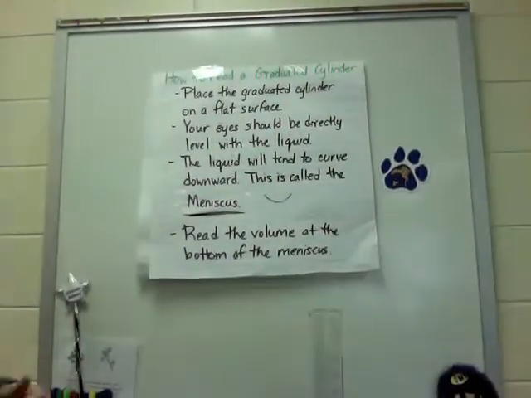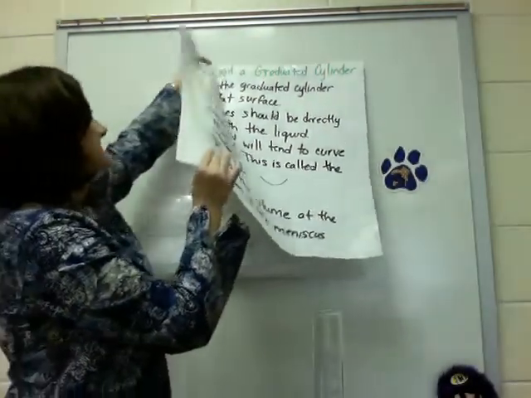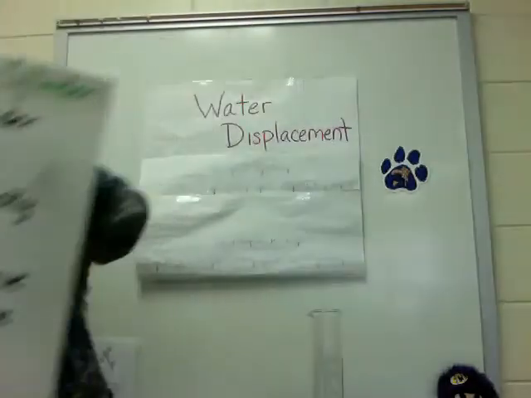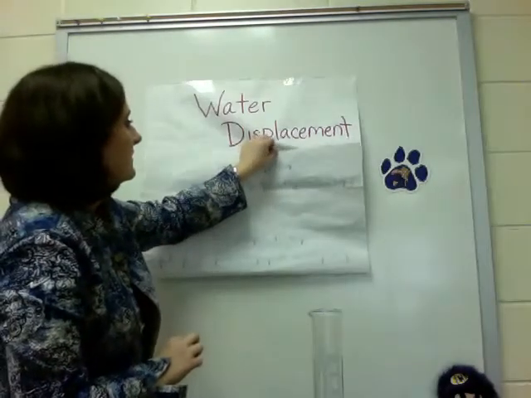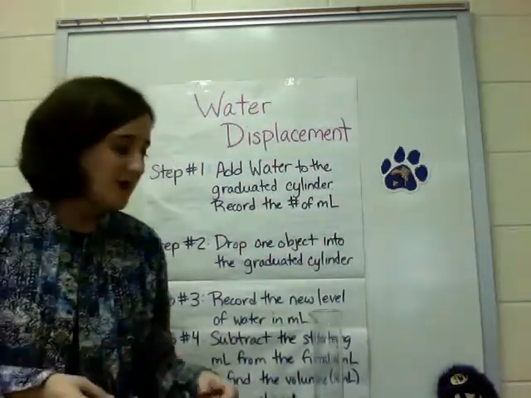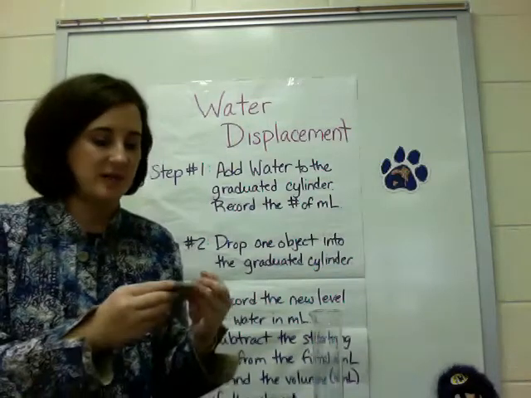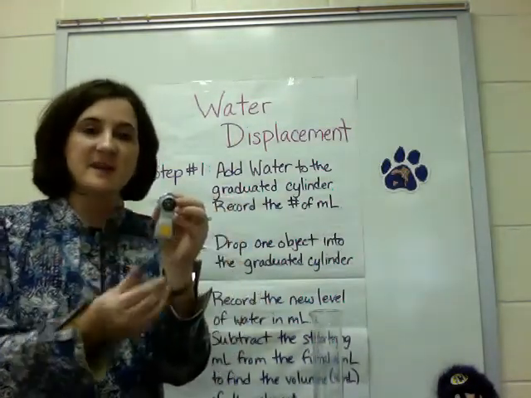Now that we know how to read a graduated cylinder, we're going to use that to be able to find the volume of a substance. We use water displacement to find the volume of substances that have a strange shape. So today we're going to find the volume of a keychain, that's a compass, that's a strange shape.